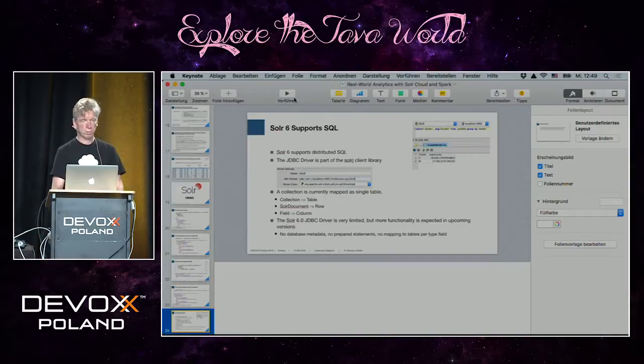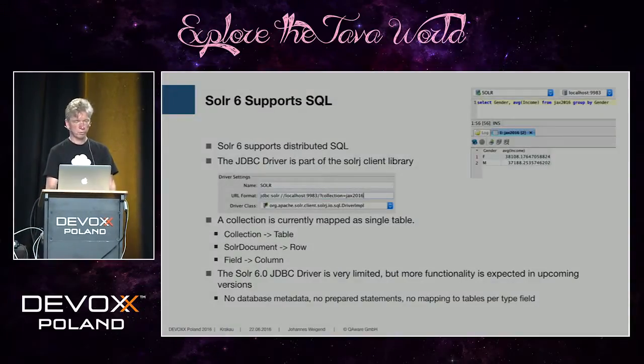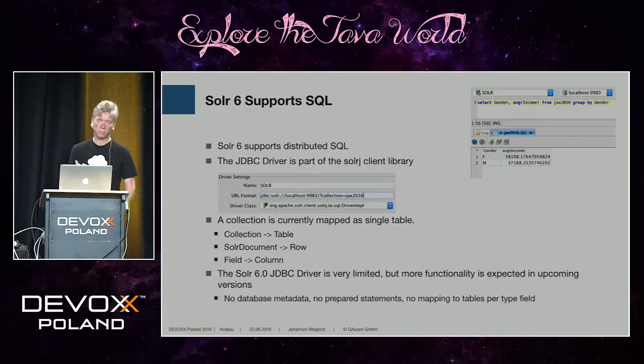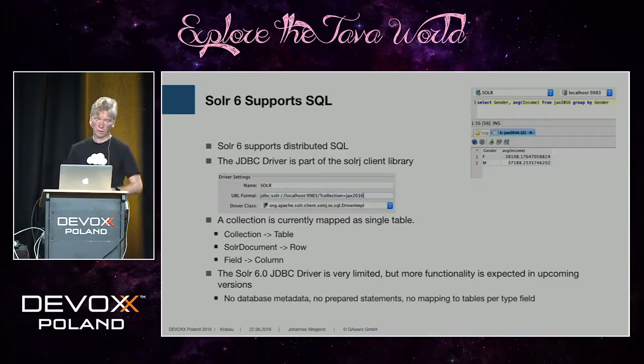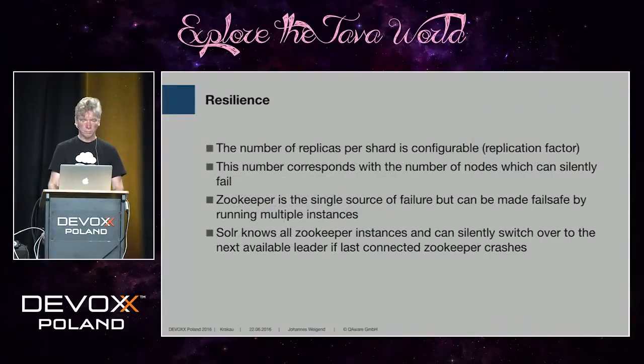The SQL support in this new version 6 from Solr is limited. It's not quite ready. It has a lot of things to do, but if this is upcoming, this is going better in the upcoming versions, I think it will be a very powerful feature to have a database analysis tool on top of Solr.